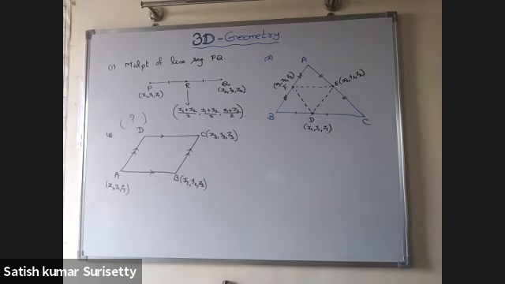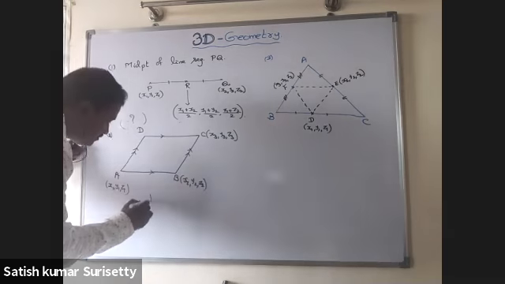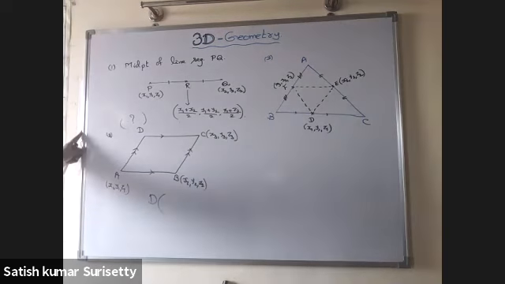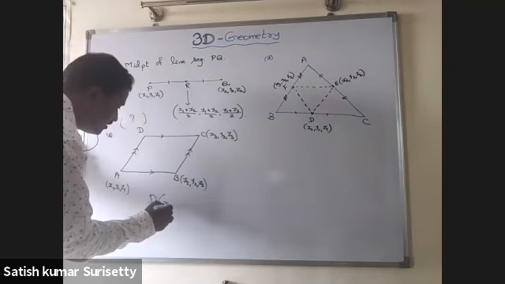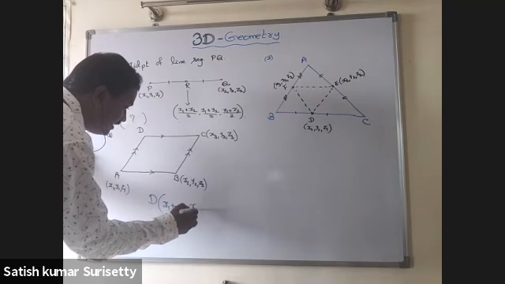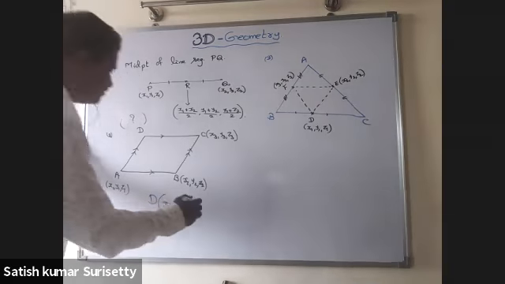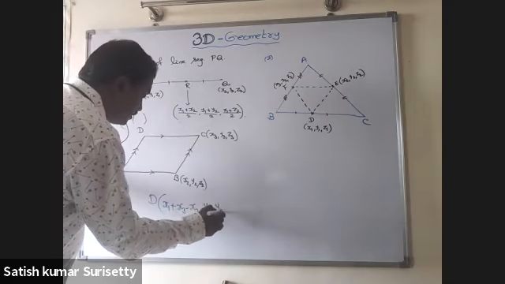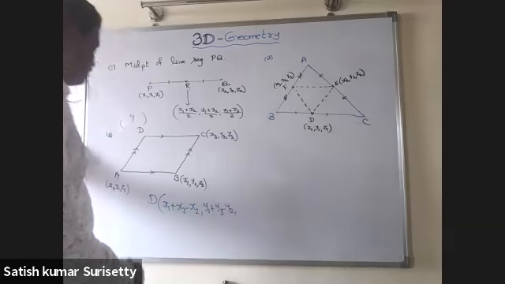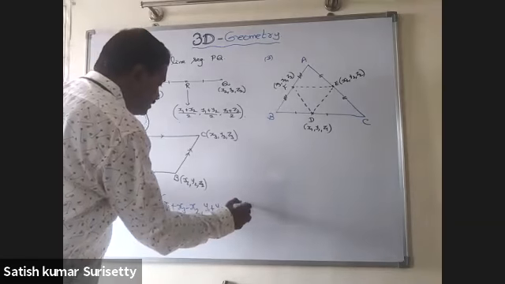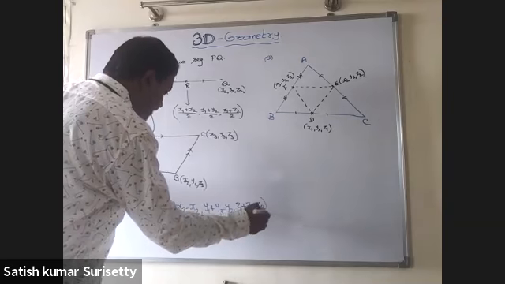Then the coordinates of the fourth vertex D are x1 plus x3 minus x2, y1 plus y3 minus y2, z1 plus z3 minus z2.